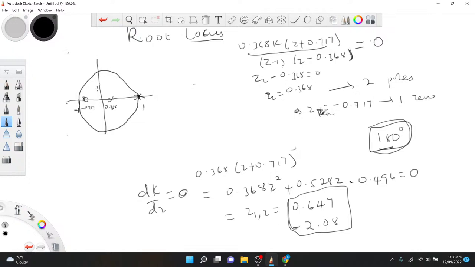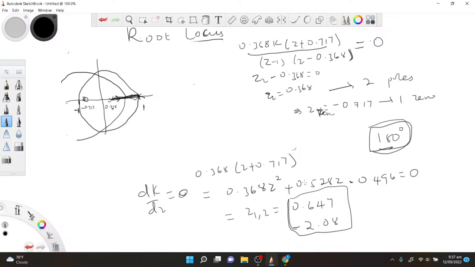So from the classical rule, for the odd numbered one, you draw the horizontal line. Now, the two poles are supposed to break away. So one pole is going here, the other is going here, and they pass here.